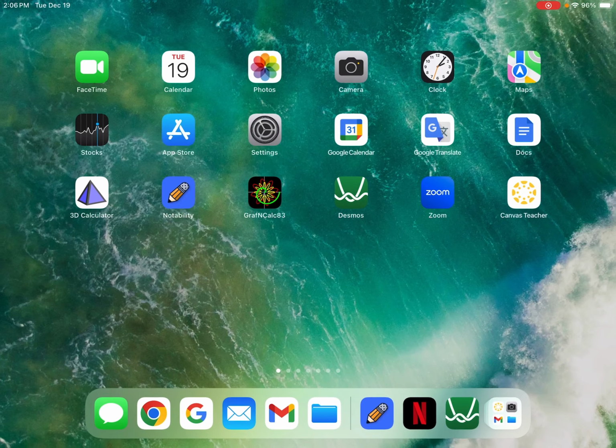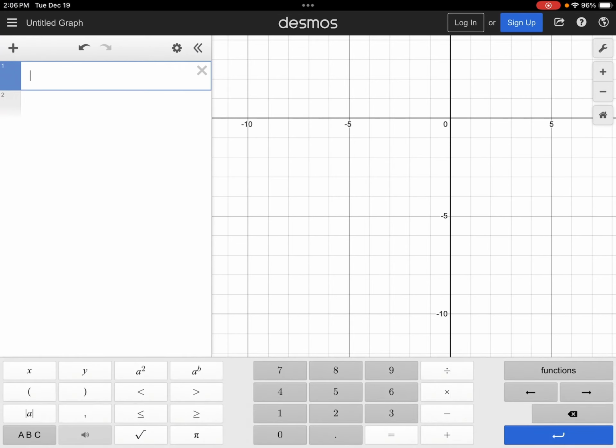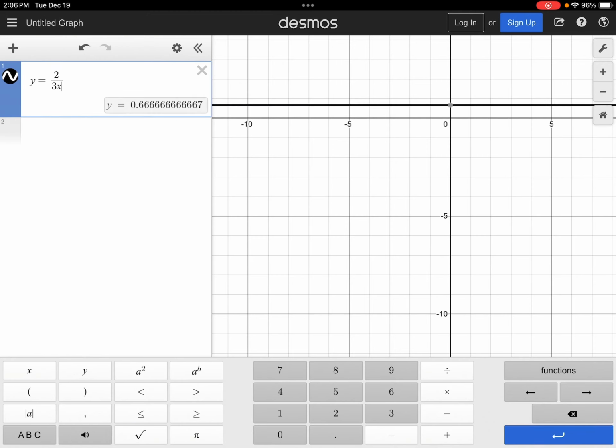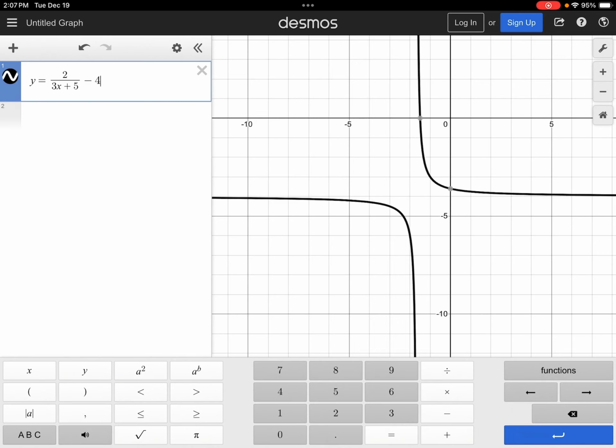And for that, I think I'm going to go and use Desmos just for something different. So I've got y equals 2 divided by, and one thing nice about Desmos is I don't have to use parentheses because then it says the denominator is 3x plus 5, and then move to the right to get out of the fraction, and then go minus 4.